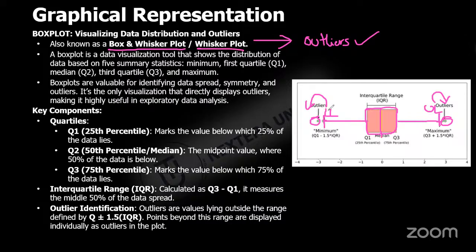This is called lower limit. This is called Q1. This is called Q2. This is called Q3 and it is called upper limit. So Q2 is also called as median, the middle value. Q1 represents 25th percentile. Q2 represents 50th percentile and Q3 represents 75th percentile.